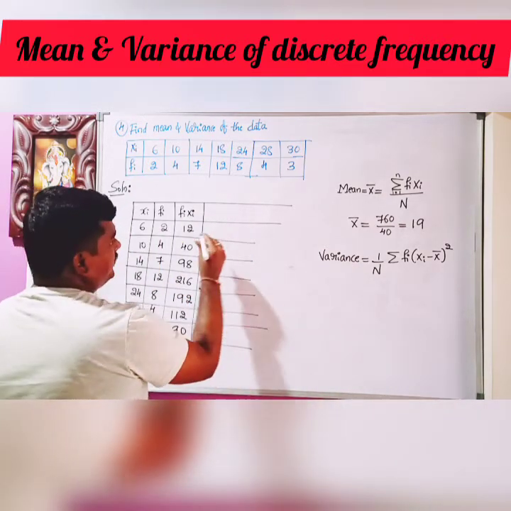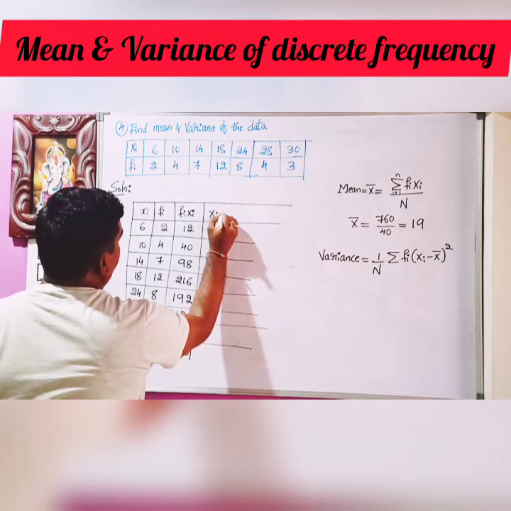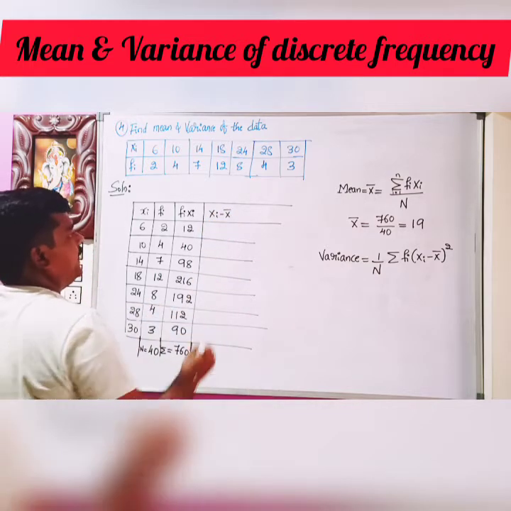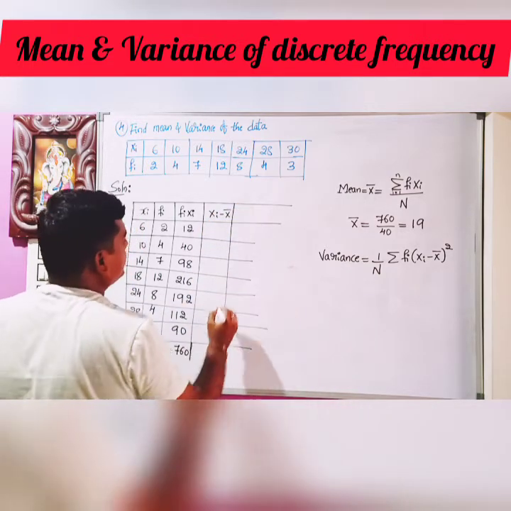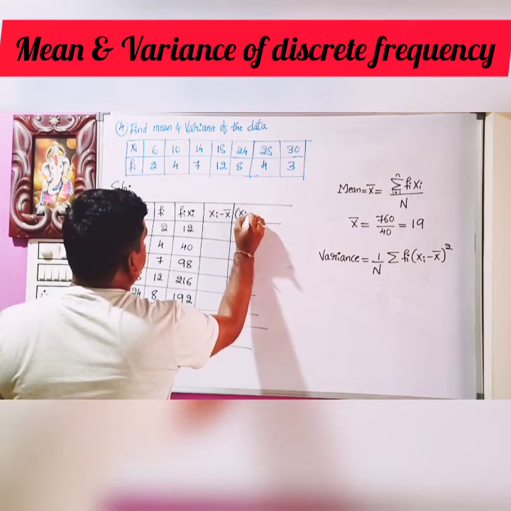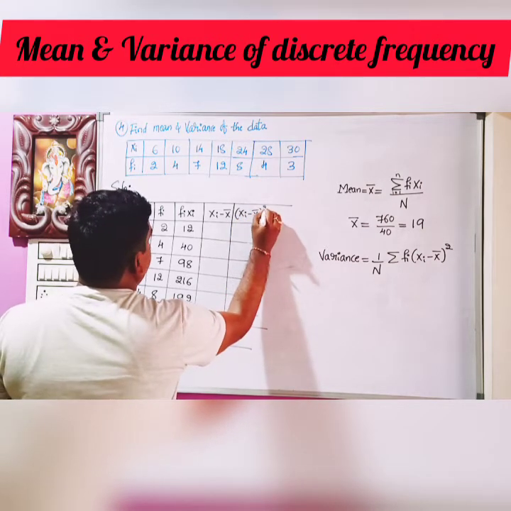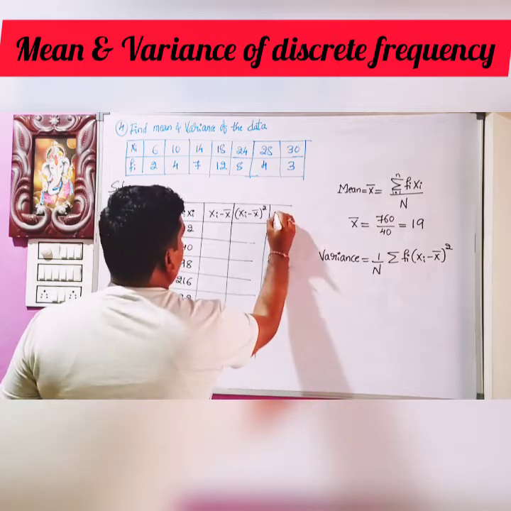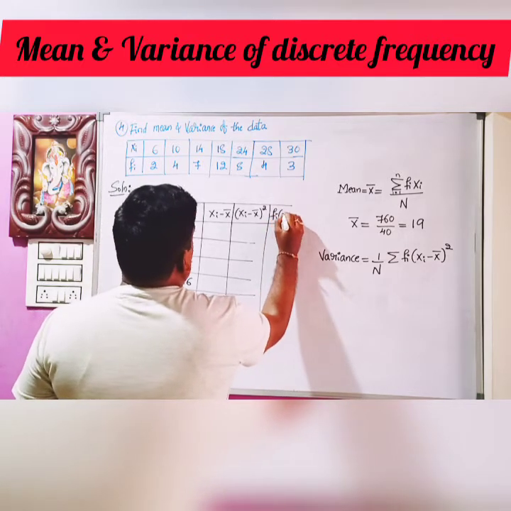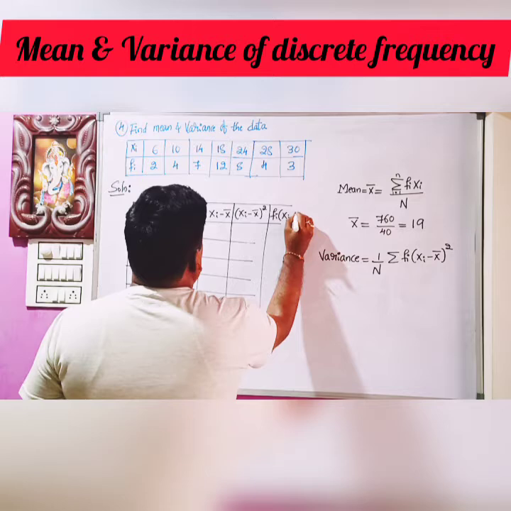So for this, first we need xi minus x bar, then the square of xi minus x bar, then one more term, fi (xi minus x bar) whole square.